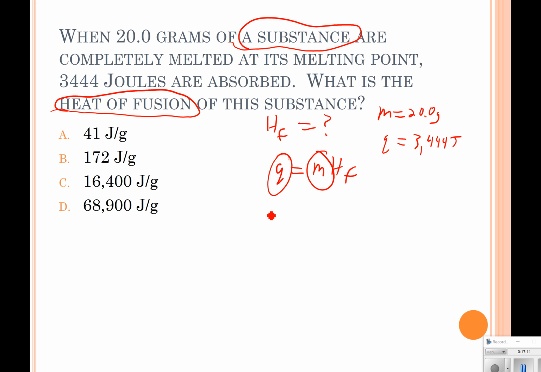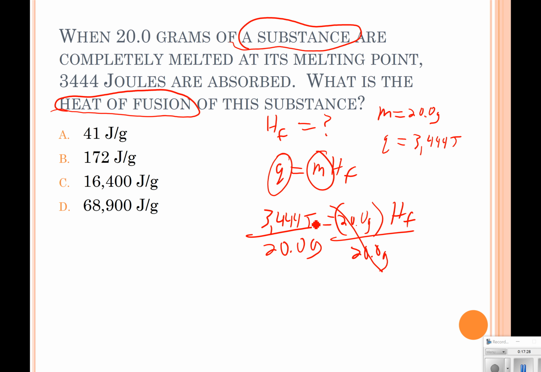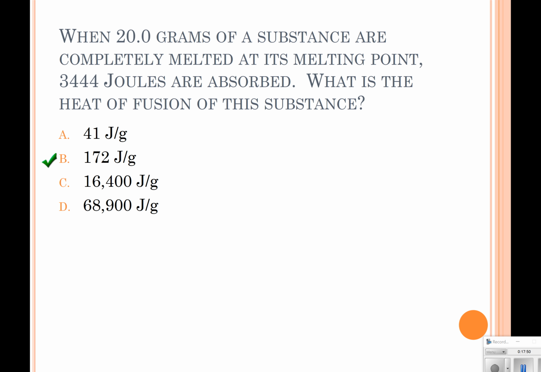So we take these two values and we plug them in. 20.0 grams times the heat of fusion. We divide. See our units there, joules per gram. We plug this in, and we get a value for heat of fusion about 172.2 joules per gram, which comes out to selection B.